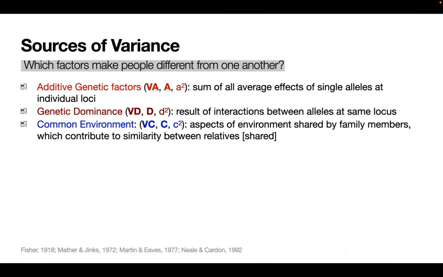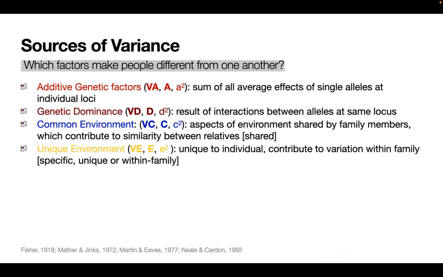In addition to these two genetic sources of variance, we also partition the environmental sources into those that are common and those that are unique. The common environment refers to aspects of the environment that are shared by family members, but more specifically, that are contributing to similarity between relatives.